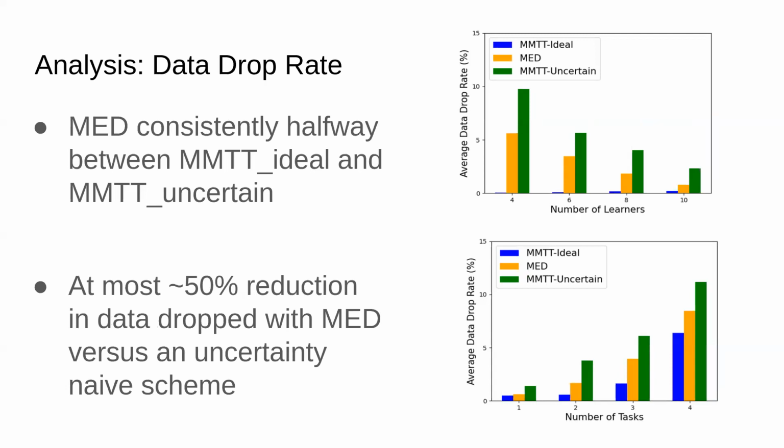We saw better results with data drop rate. MED is consistently about halfway in between MMTT ideal and MMTT uncertain. And so you can expect at most a 50% reduction in data dropped by using an uncertainty aware approach that calculates the expected value.